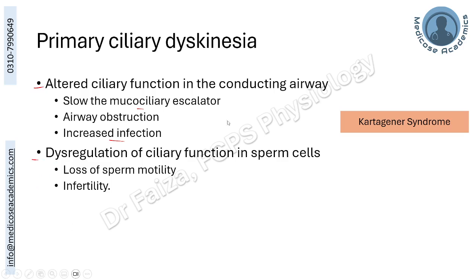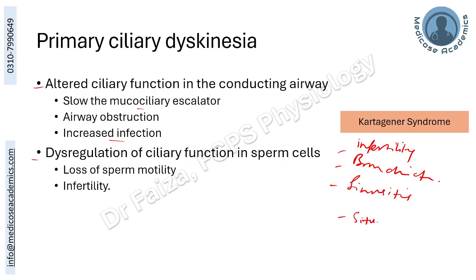Kartagener syndrome is a combination of this primary ciliary dyskinesia leading to infertility as well as bronchiectasis and sinusitis. Another characteristic manifestation of Kartagener syndrome is situs inversus, in which all body organs are in their mirror image.